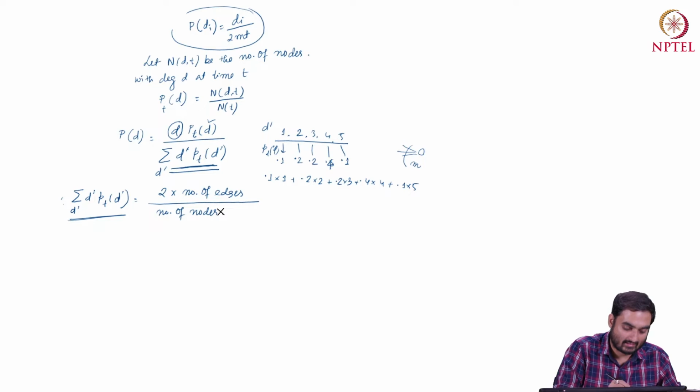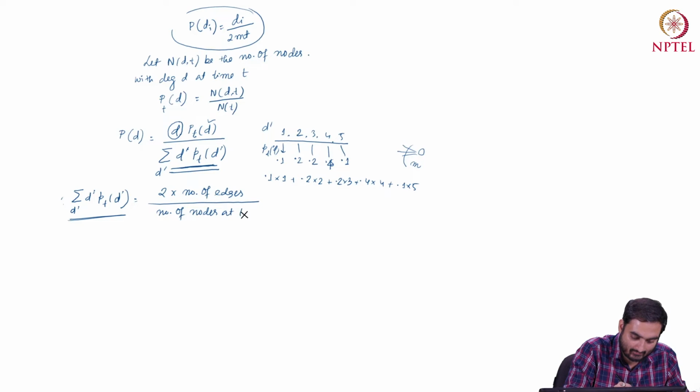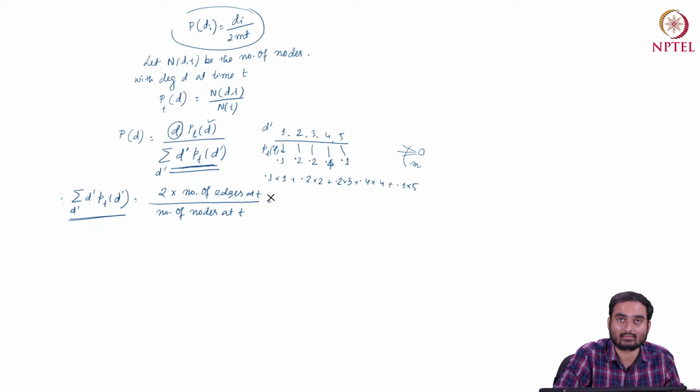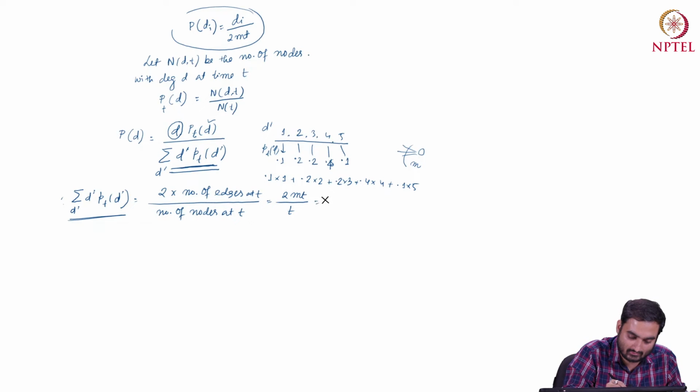Moving the number of nodes to the other side, the average degree is the number of edges at time t divided by the number of nodes at time t, times 2. What is the number of edges at time t? At every time step m edges come in, so the number of edges at time t is mt, giving 2mt. And the number of nodes is t, because at every timestamp only one node comes in, so this is 2m.